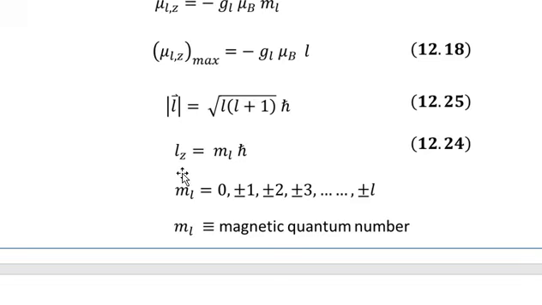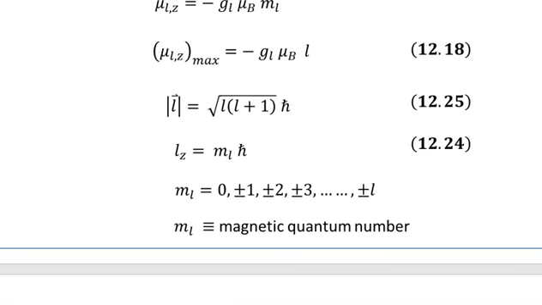So Lz is the Z component of the angular momentum, which is given by mL times h bar, where mL is the orbital magnetic quantum number. And this mL has the following possible values. mL is equal to 0, plus minus 1, plus minus 2, and so on up to plus minus L. So mL has a maximum value equal to plus L or minus L. mL is the magnetic quantum number.